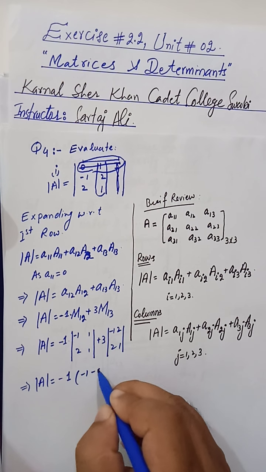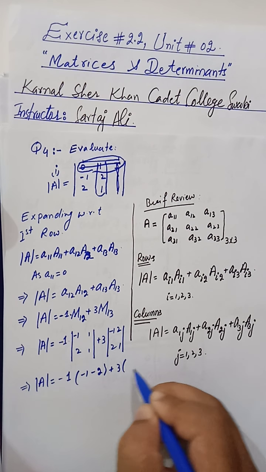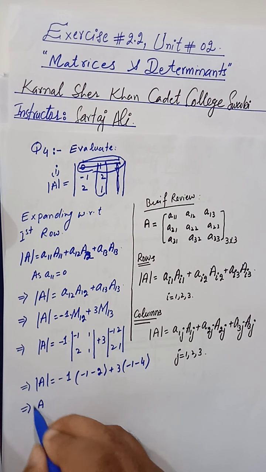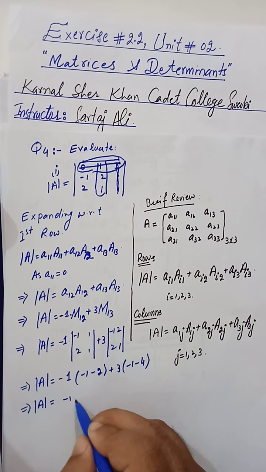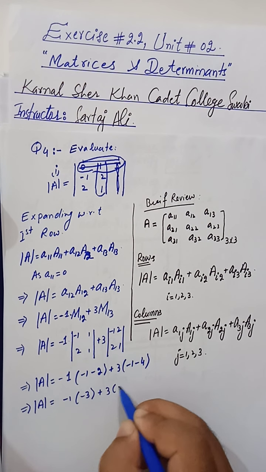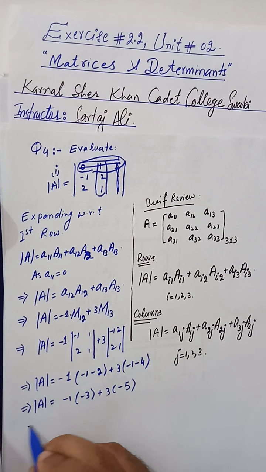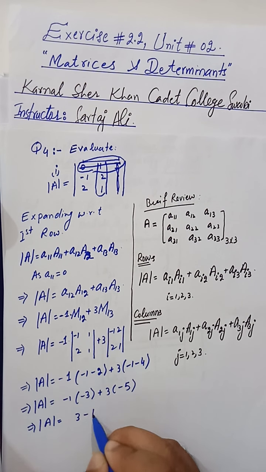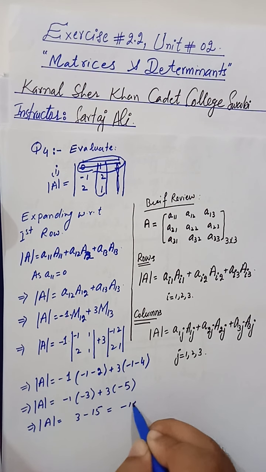So this is minus 1 minus 2, this is 3 minus 1 minus 4. So the determinant of A is equal to minus 1 times minus 3, plus 3 into minus 5. So this implies that the determinant of A is equal to 3 minus 15. So this is equal to minus 12.